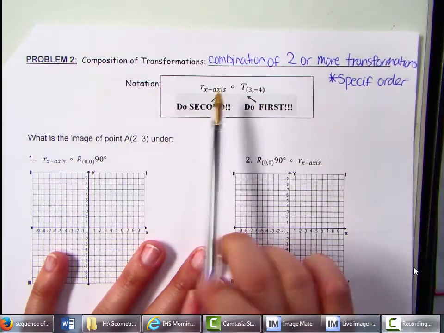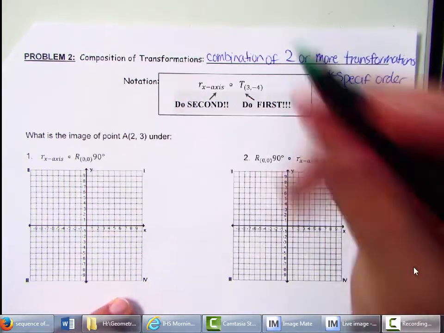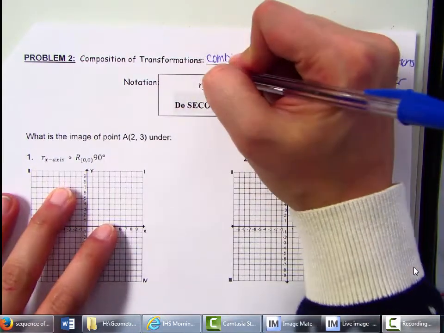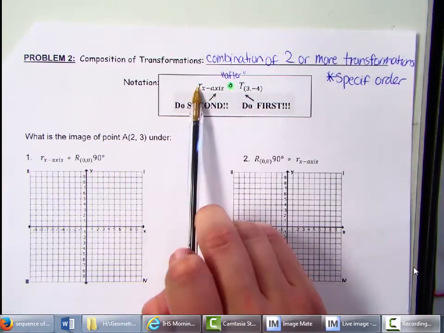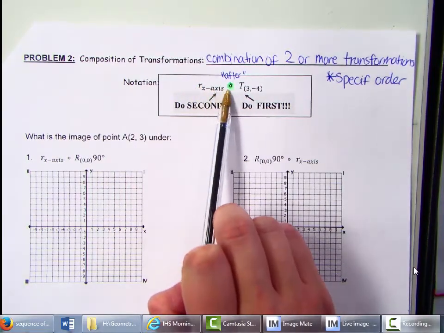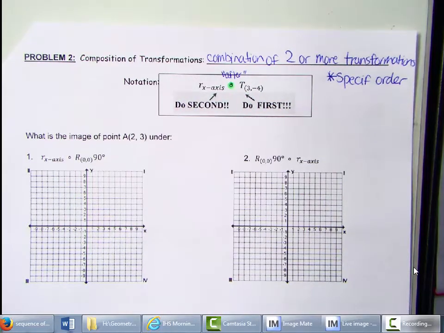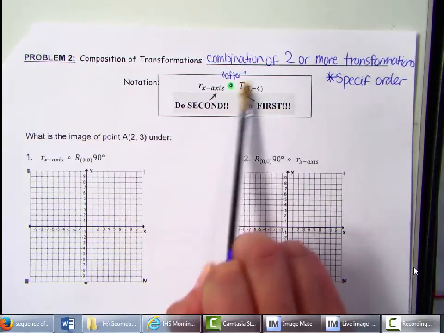And it's written with this notation. This little dot right here means after. So this is telling you reflect in the x-axis after you translate 3, -4. So my little saying is do it in reverse. The second one comes first.